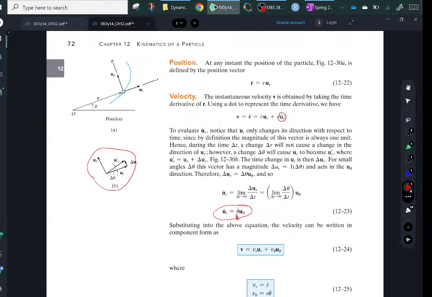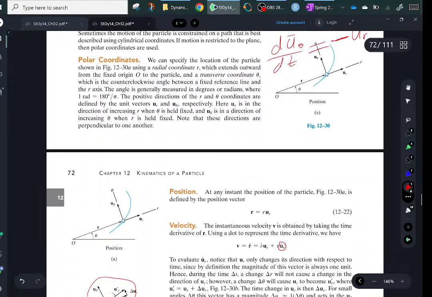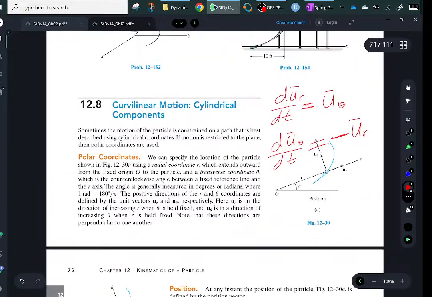In fact, the more I think about it, everything I talked about before should have a theta dot in front of it. So I goofed there.